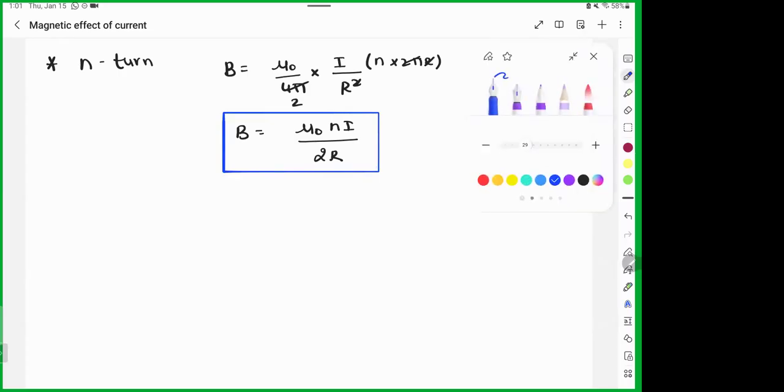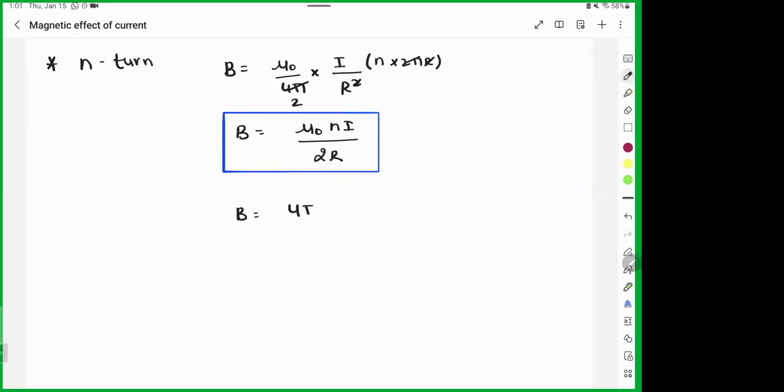So for a number of turns, what is the value given? Guys, tell me. Mu naught is equal to 4 pi into 10 raised to power minus 7. Number of turns is 100. Then what is the current value? 7 ampere, sir. 7 ampere divided by 2R. What is the R value? 0.1 meter.